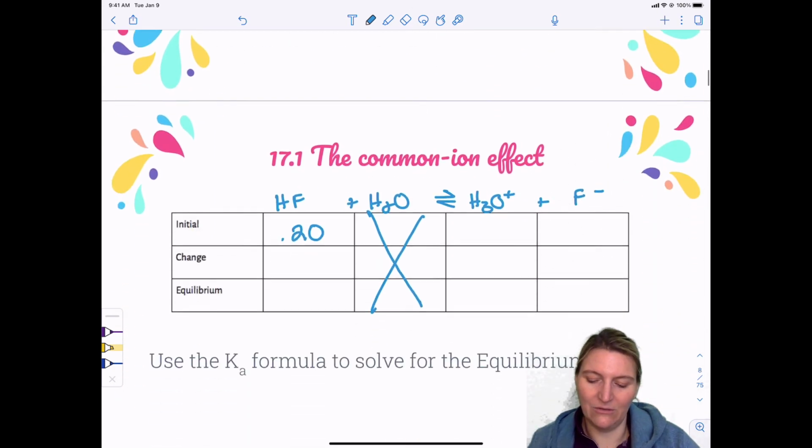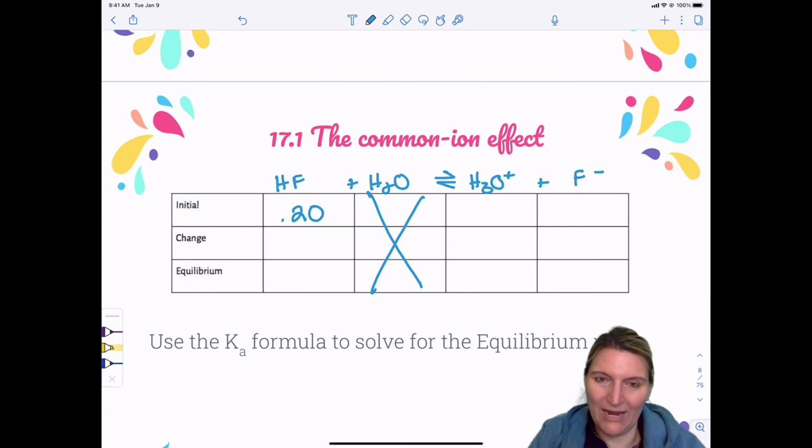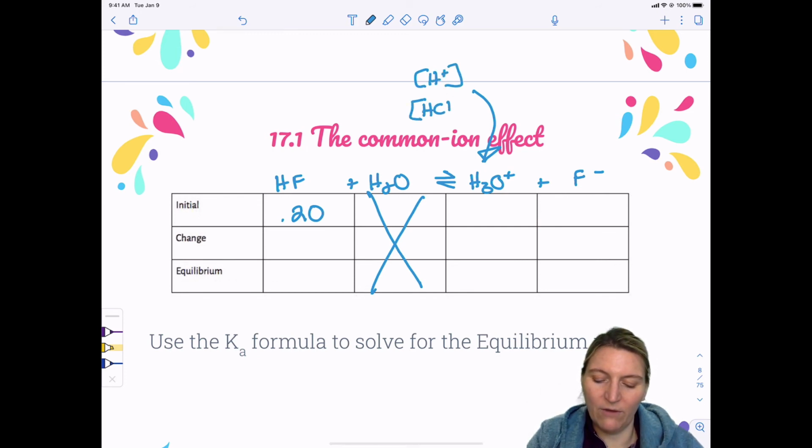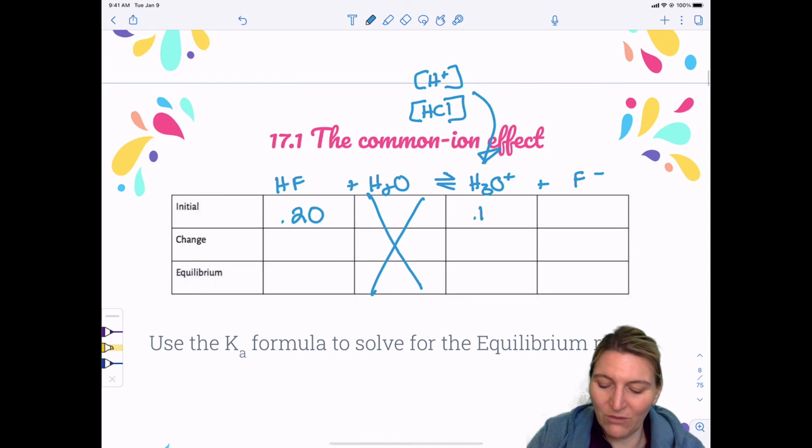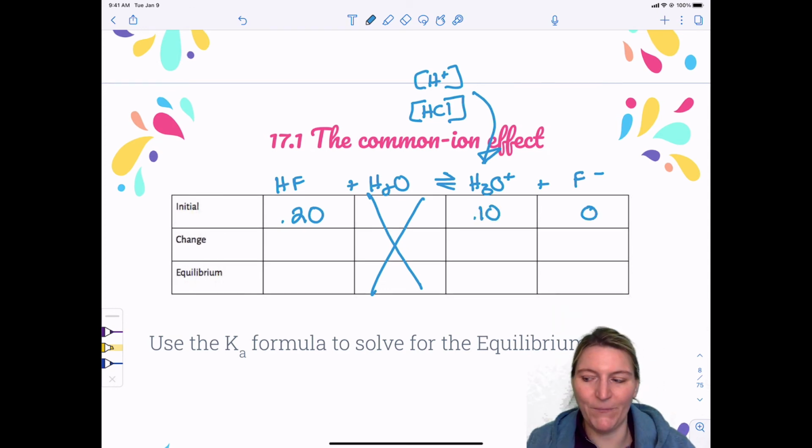So the H3O+, this is really the concentration of the H+ from HCl. It tells us that there's 0.1 moles of HCl, which means, and we know HCl is a strong acid, it will fully dissociate. So this is going to be 0.10 and this is 0.